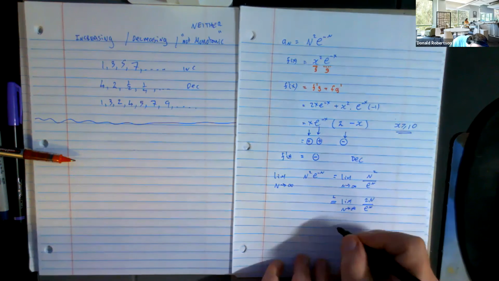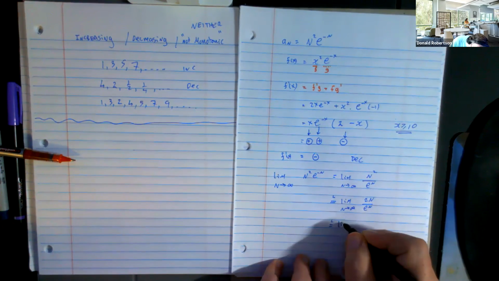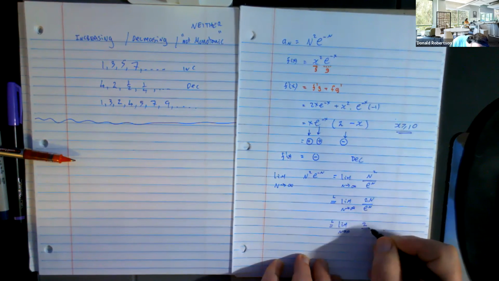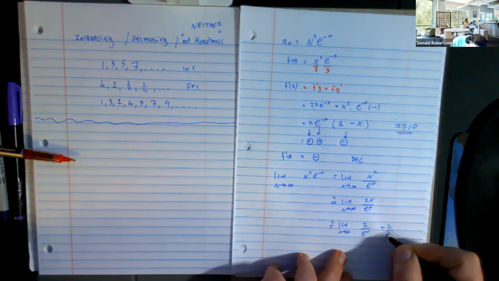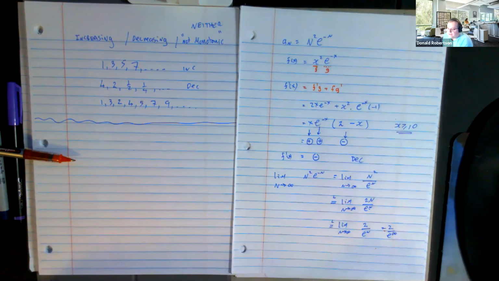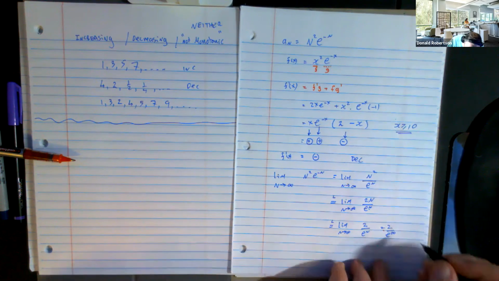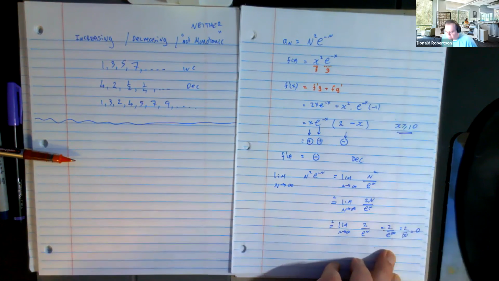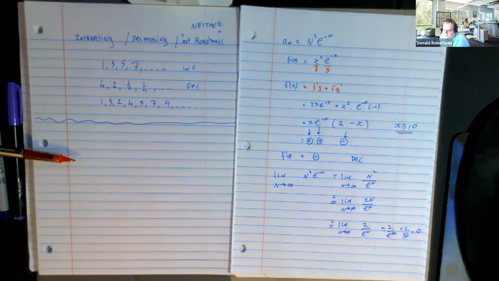And so if I do L'Hopital one more time, that guy becomes 2, derivative of that, and now I can do brute force. Because isn't e to the power of infinity just infinity? And so 2 over infinity gets me 0. This has a limit. The limit is 0.